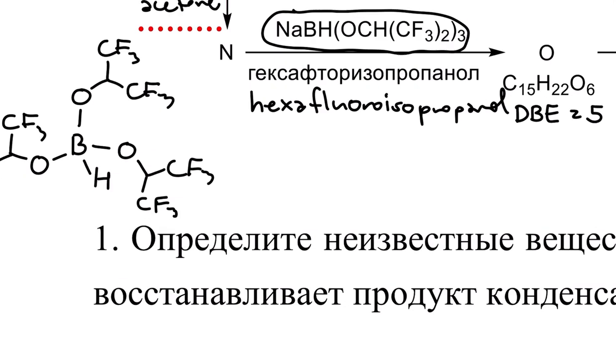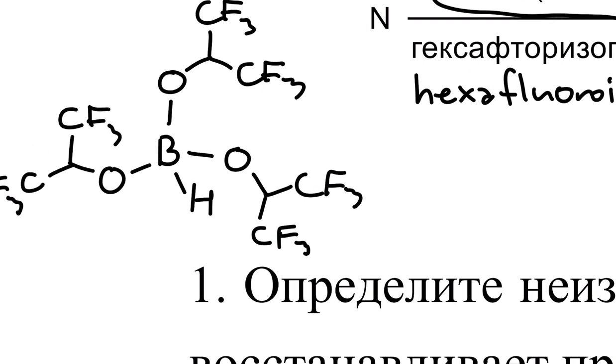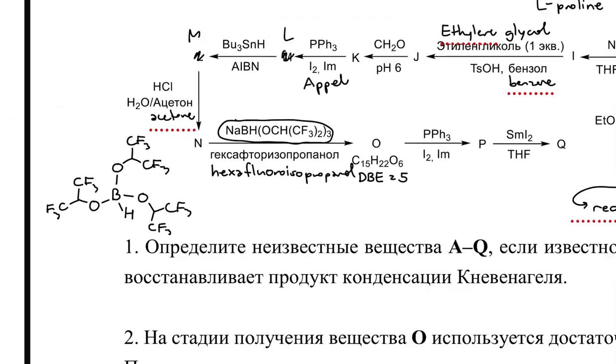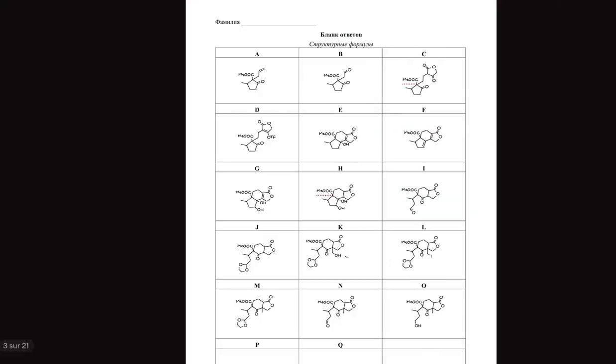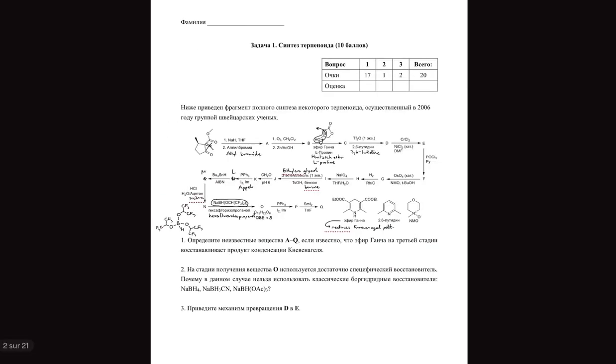The reason that we have to use a specific reagent is that we need to lower the electron density on the hydride bond as much as possible, so that it will not reduce our ketone here. So it would only select this aldehyde. So that's why we have to use such a specific reducing reagent.